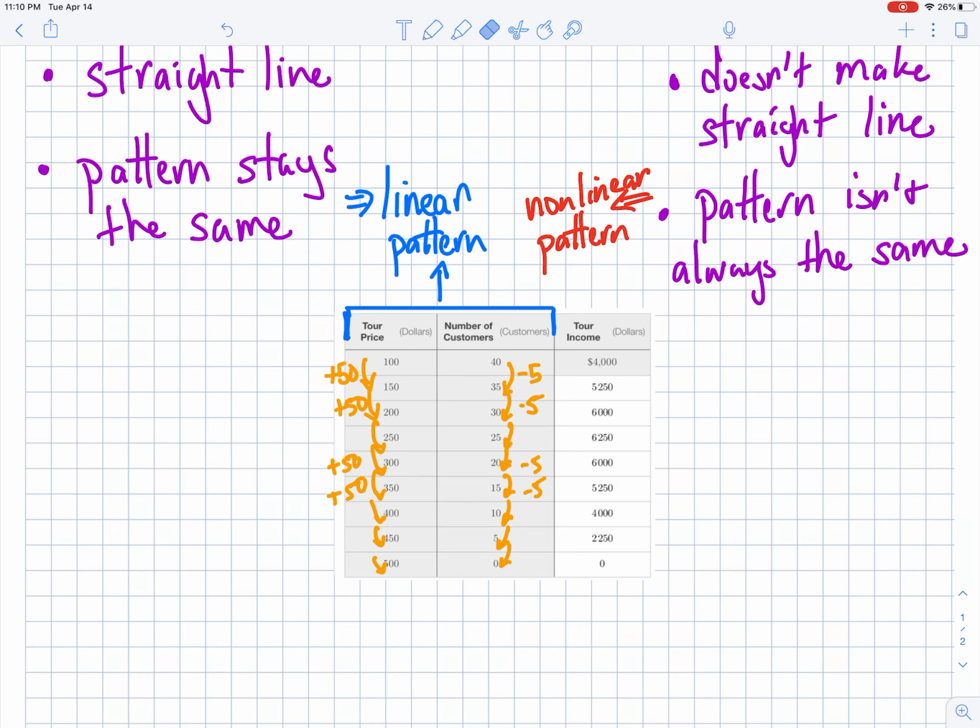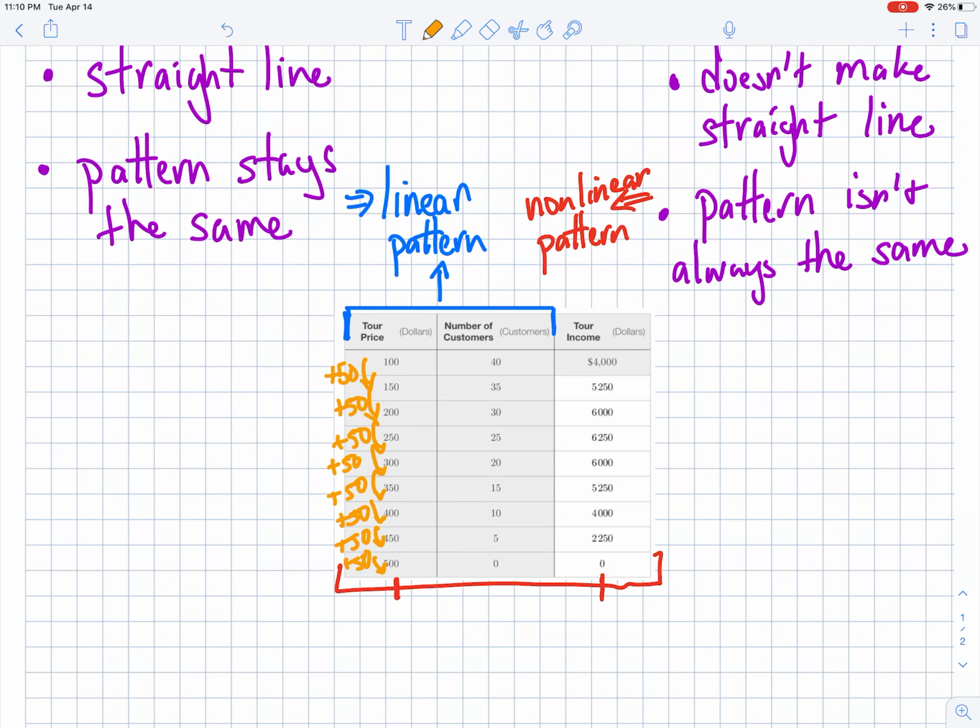Okay, I want to look at a slightly different example. Let's look at tour price and tour income, right? So we know that tour price is going up by 50 each time.